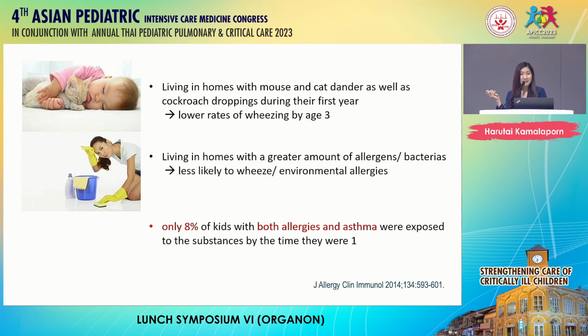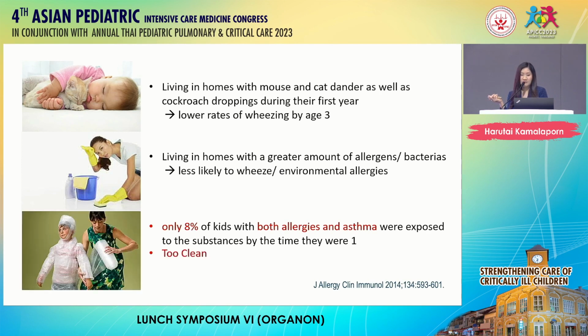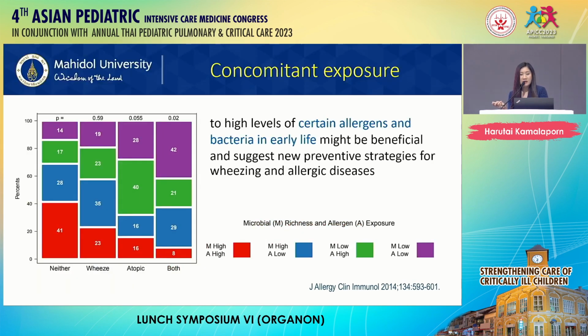And only 8% of kids with both allergy and asthma stay in a very clean house. So too clean is not good for your lungs and your allergies. Okay, this is the concomitant exposure. In the red color is the contact with a high level of microbial, and A is the high contact of allergen exposure.